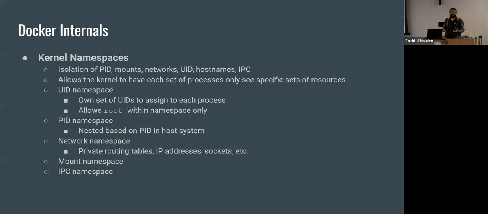You can have network namespaces where you have a network on your host computer, but you can create a new virtual network, maybe, with limited IP addresses, limited routing tables, access to very specific sockets. You can do all of that using a network namespace. Similarly, there are mount namespaces and IPC namespaces.